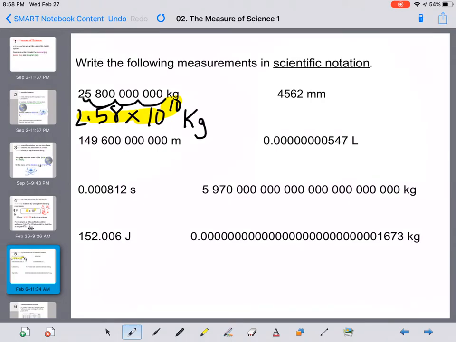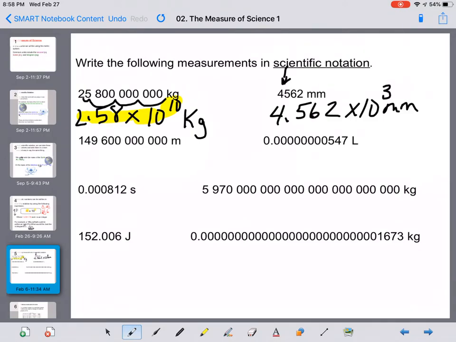Okay, so our next one, 4,562 millimeters. I have 3 jumps to make to get that between the 4 and the 5, because remember, it has to show up after the first non-zero digit. So I'd have 4.562 times 10 to the 1, 2, 3 millimeters.